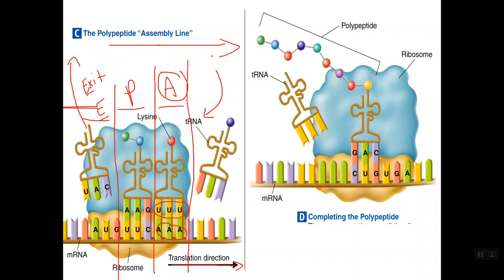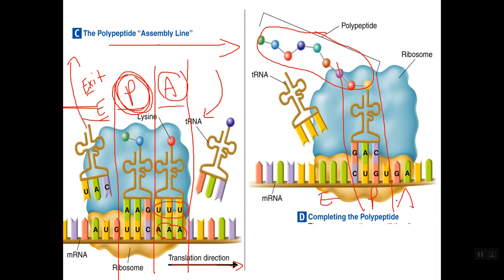But basically what happens is they just keep on entering on the A side, and the tRNAs leave on the E side, and the growing protein is made in this middle portion, the P portion. So what you end up with is a growing polypeptide, a growing protein, coming out of the P region, the middle region of your ribosome.